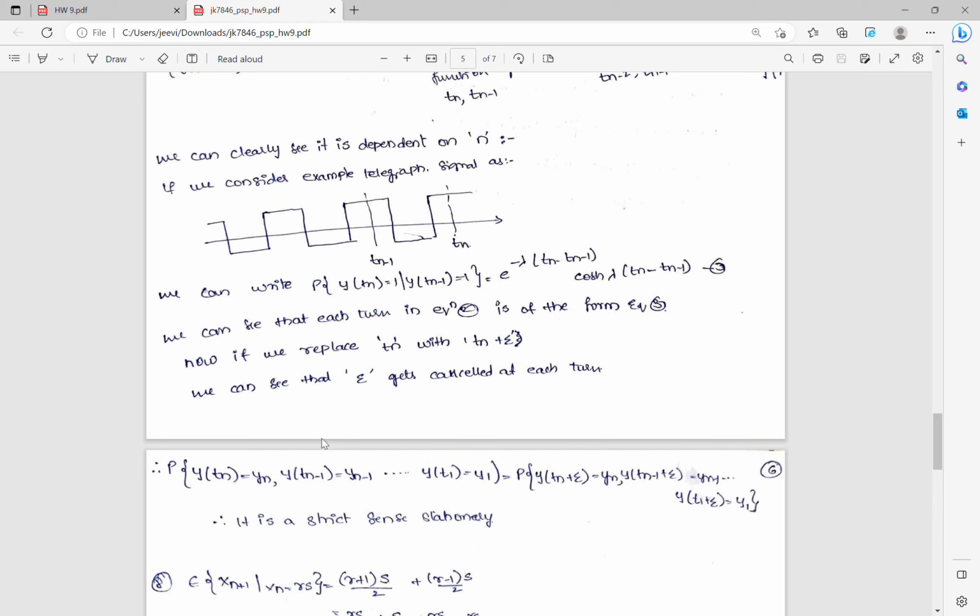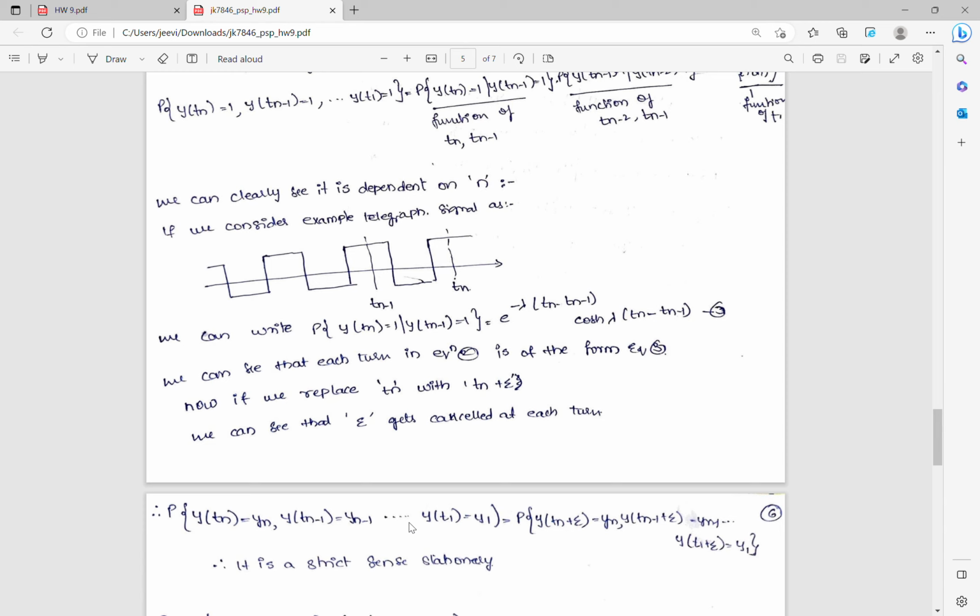Therefore, the probability of y tn equal to yn, y tn minus 1 equal to yn minus 1, and so on till y t1 equal to y1 will be equal to the probability of y tn plus epsilon equal to yn, y tn minus 1 plus epsilon equal to yn minus 1, and so on till y t1 plus epsilon equal to y1. Therefore, it is strict sense stationary. Hence, this is the solving of the 7th question.